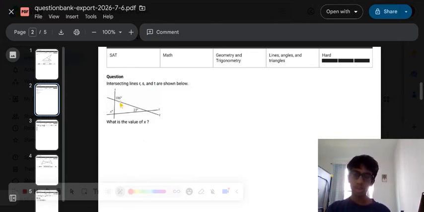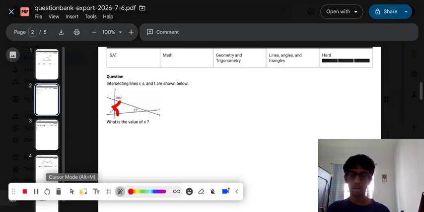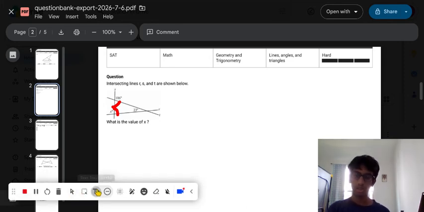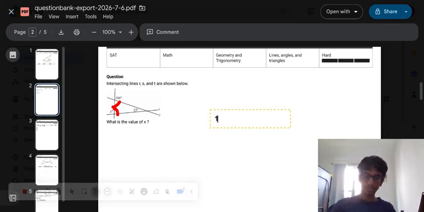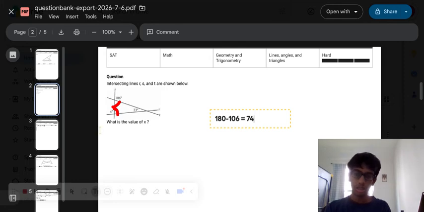So the long way is simply to find out what this angle is, use that to find out this angle, and then use that to find out X. How are we going to do that? Well, we know that S is a straight line, and straight lines must have an angle degree totaling 180. So we can just do 180 minus 106, and we get 74 for the angle.